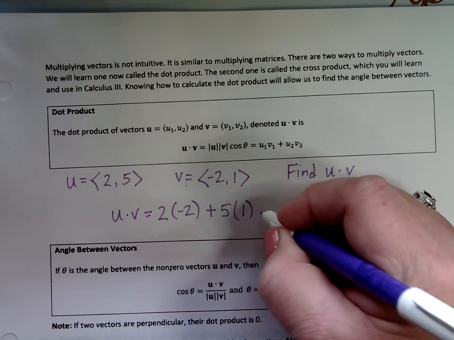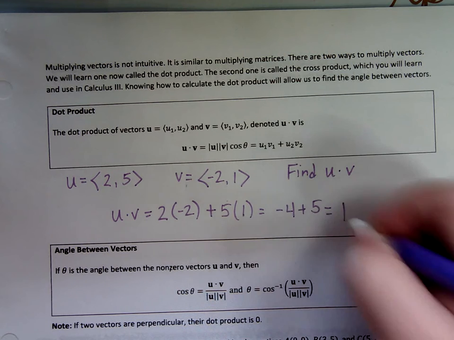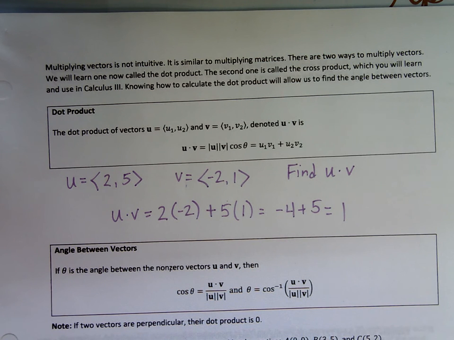So what is that? Negative 4 plus 5. I get an answer of 1, and you have just multiplied them. So you get single answers for these.